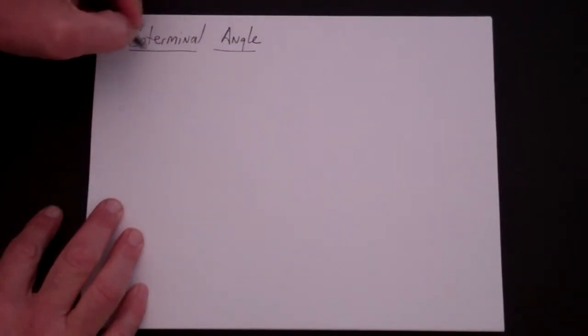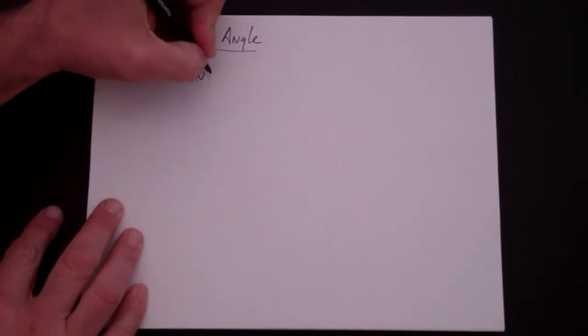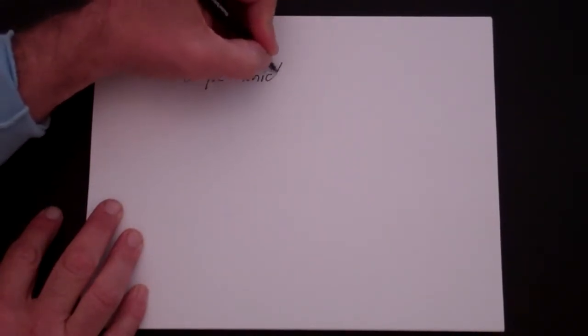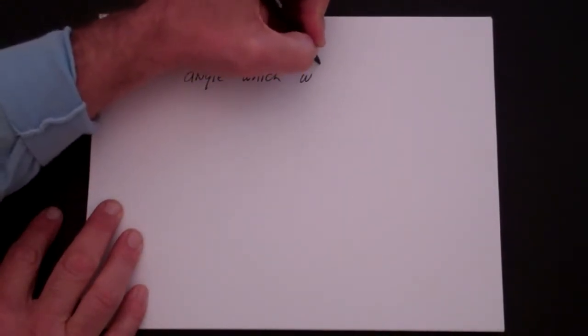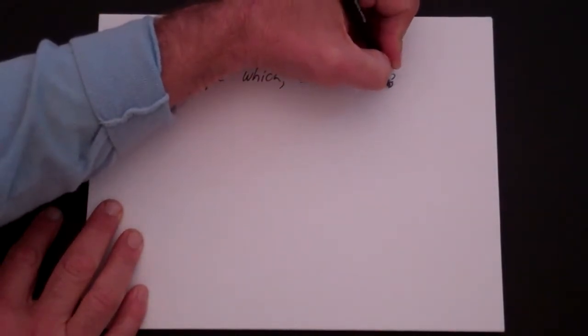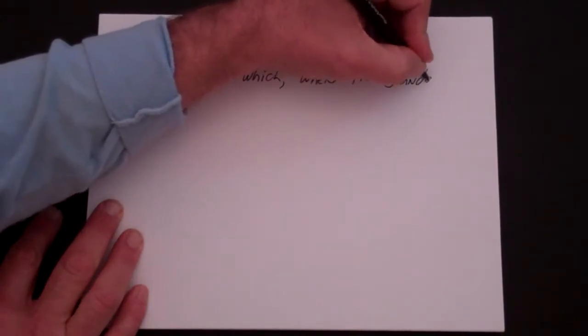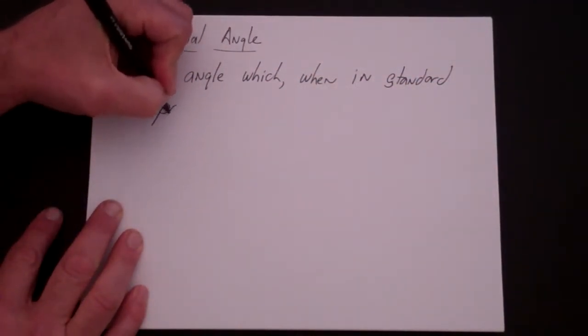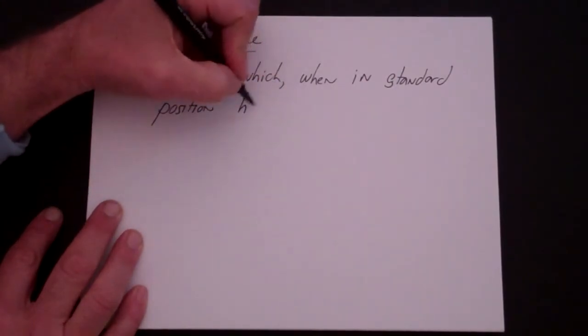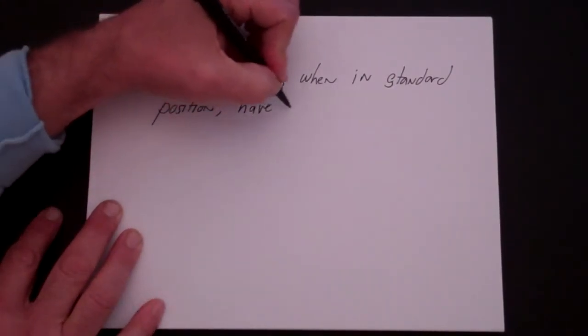A coterminal angle is simply angles which end in the same place. So angles, let's be careful, angles which when drawn in standard position have the same terminal side.